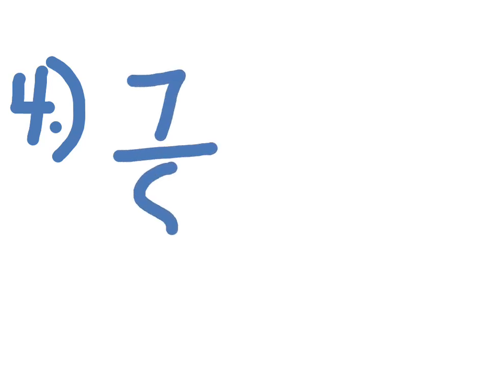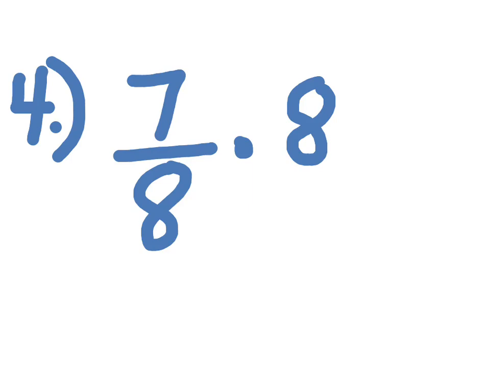One more example. Let's say you have 7/8 times 8. So the first thing you're going to do is to put a 1 underneath the 8.